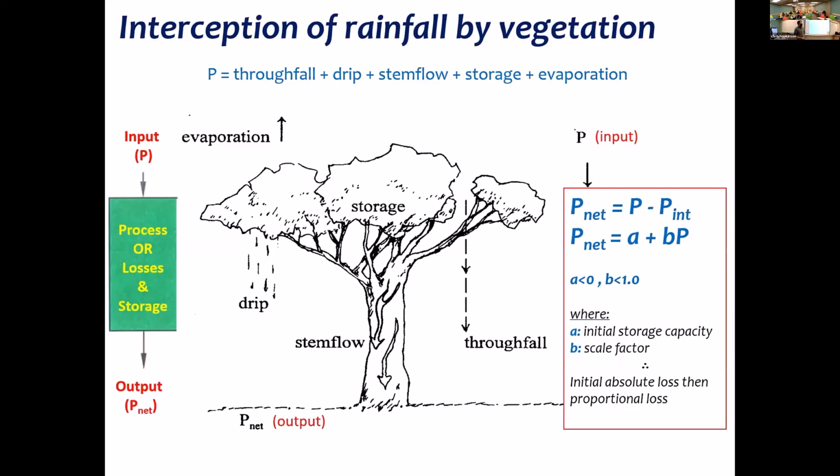Yes, you can derive them: just get some observational data, throw that function at it and see what comes out. But in a physical sense, they actually mean something in terms of the storage capacity of that canopy.